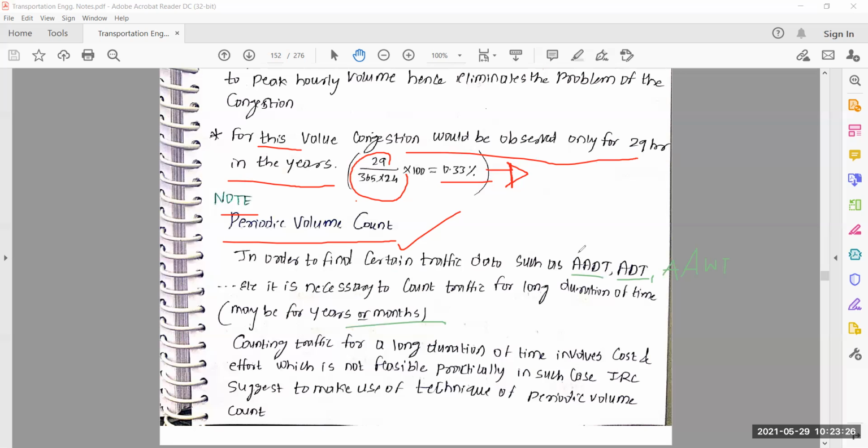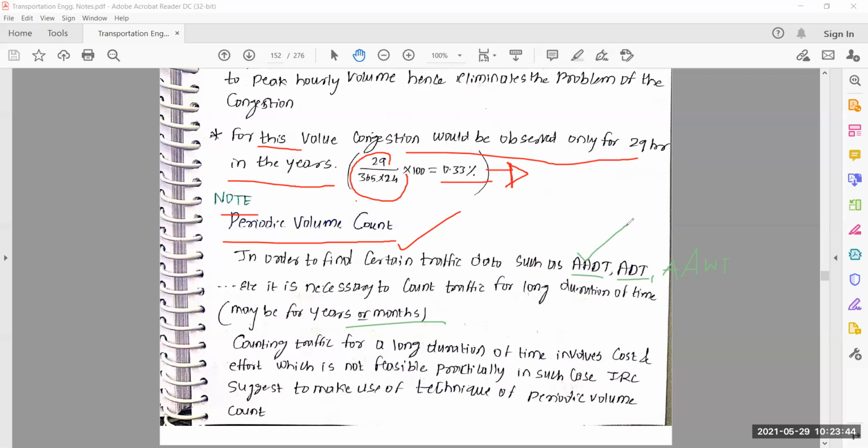For calculating annual average daily traffic, we count per day traffic throughout the year. So it is quite time consuming, and more cost and more time will be involved.